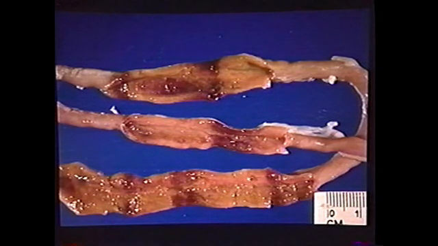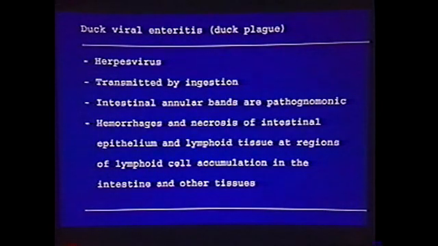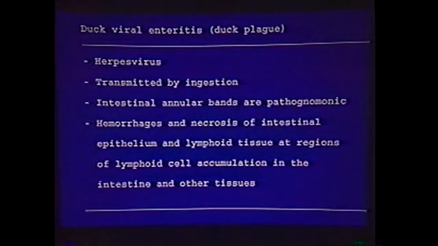Looking at a small intestine with these areas of hemorrhagic necrotizing lesions, same thing here in the form of bands. In ducks, this is characteristic for duck viral enteritis, commonly called duck plague, caused by a herpesvirus.